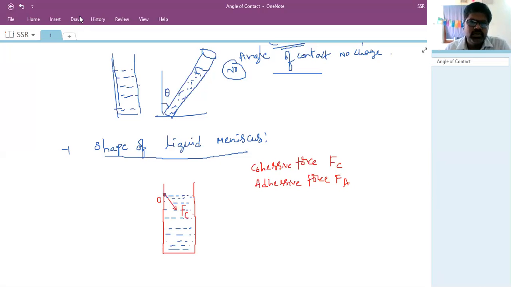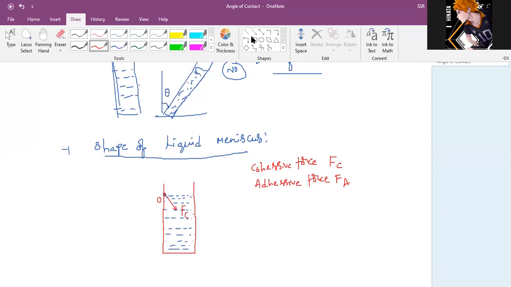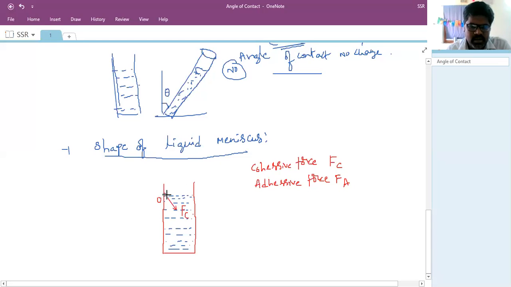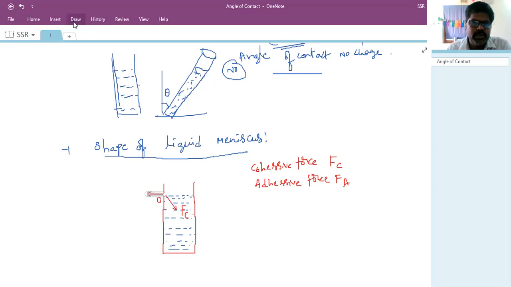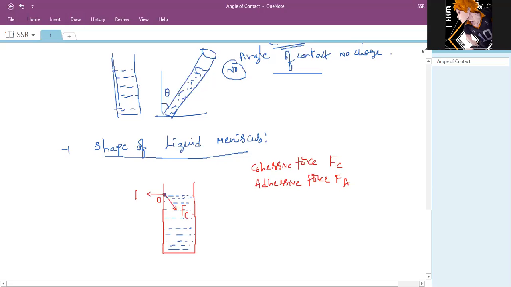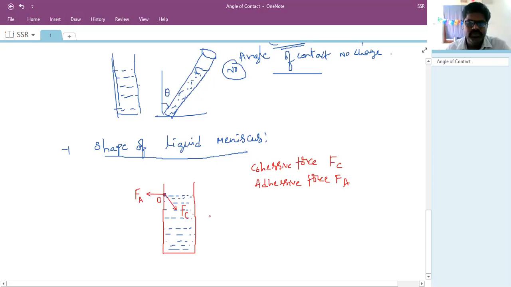Next, the adhesive force is the force of attraction between two different types of molecules, two different substances. That means between the solid molecule, the tumbler, and the liquid molecule, the water molecule here. This is the direction. That is the adhesive force, FA. Are you clear on this point? You can see here FA, adhesive force, and FC, cohesive force.